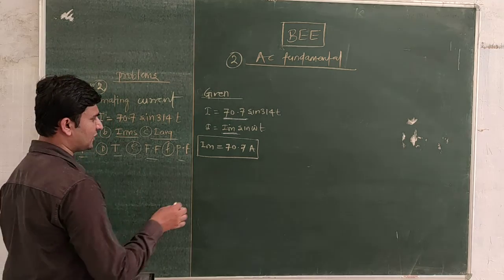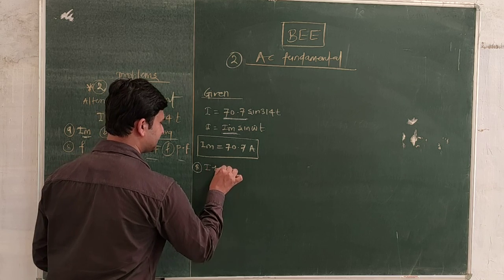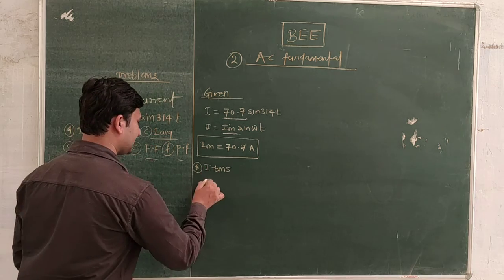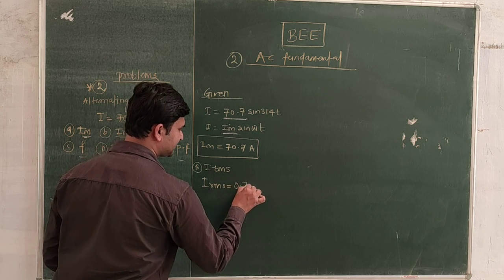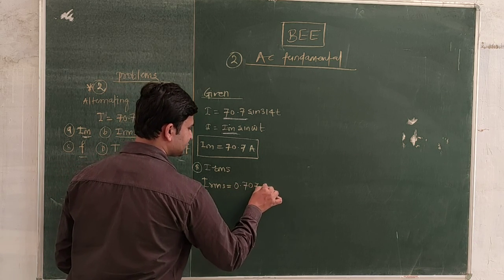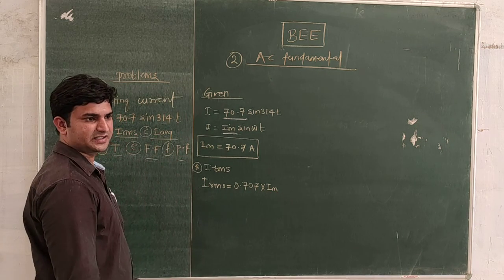Now the second is the RMS value of current. The expression for RMS value of current is I RMS = 0.707 times the maximum value of current.